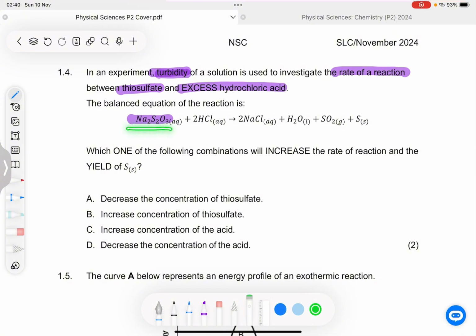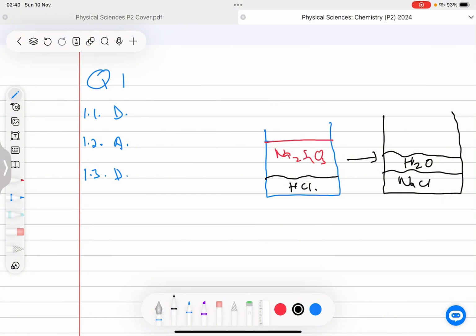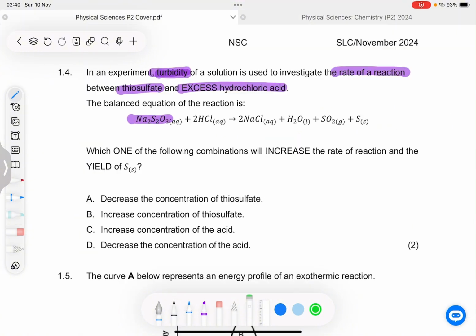We also then have thiosulfate again, 1 mole of it forming 1 mole of sulfur dioxide. So we have SO2 as well here. But check here what's happening now is that the hydrochloric acid doesn't form sulfur dioxide. When this breaks down into hydrogen and chlorine, there are no atoms that form this.